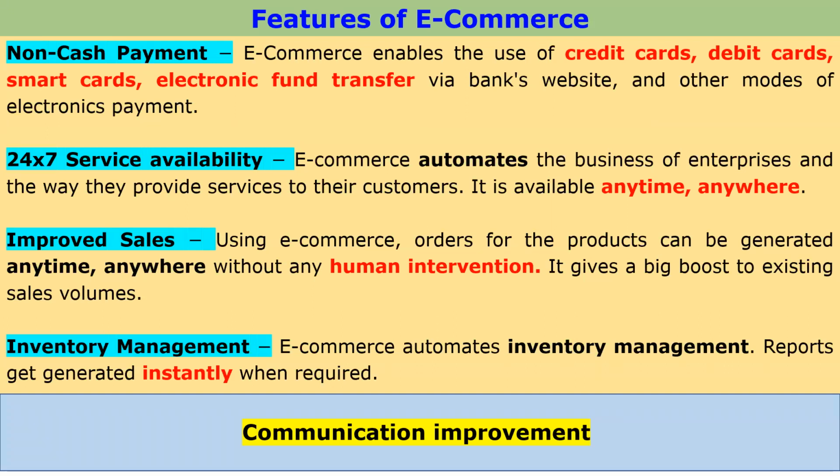These reports should be created immediately once they complete the e-commerce transaction. These things happen only if they have high quality inventory management systems. Right. Write down this for the fourth feature, inventory management.